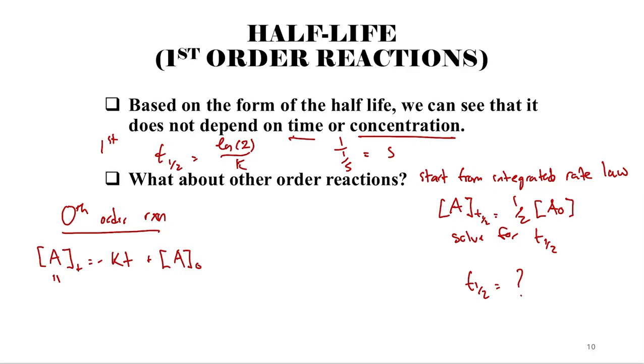If we replace this with 1/2 concentration initial equals minus kt plus concentration initial. Think about what was the first step that you guys did from here?